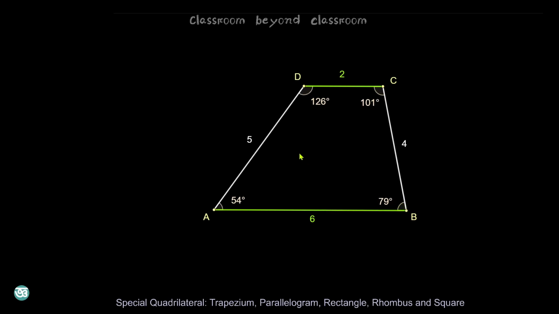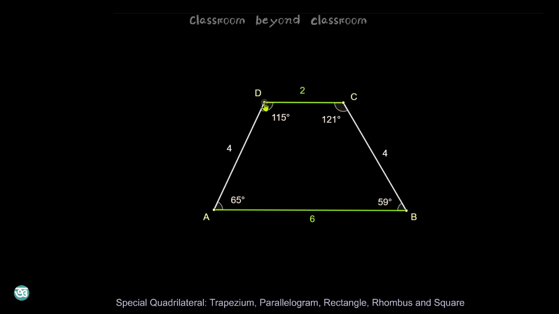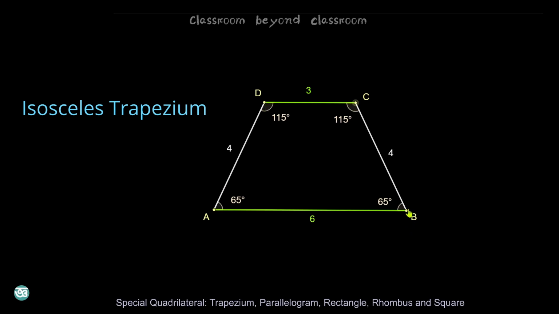Now in a trapezium, if the non-parallel sides are equal, then it is called an isosceles trapezium, like this. Side DA and DB are not parallel, but they are equal.